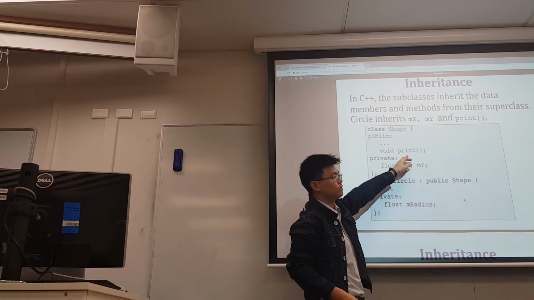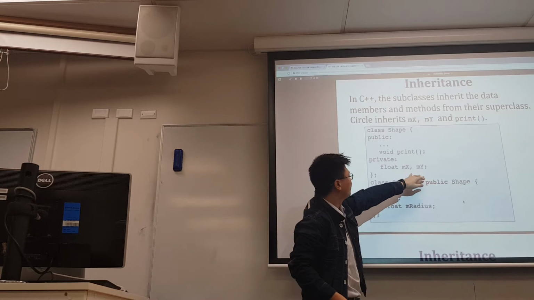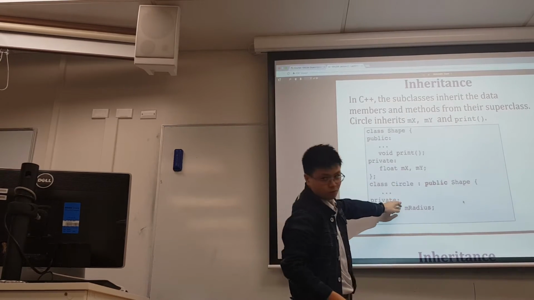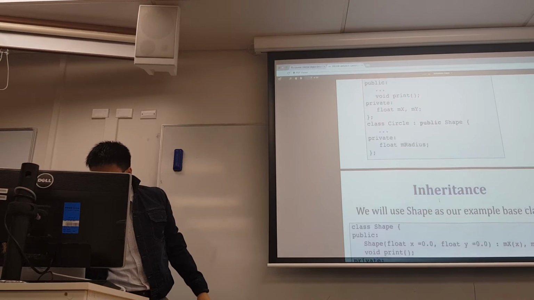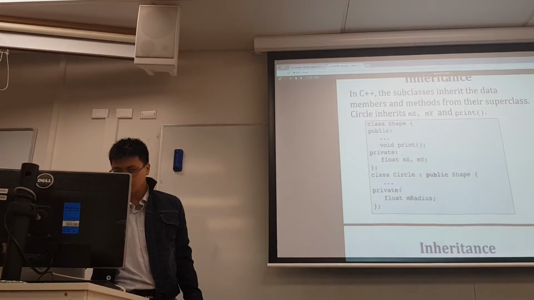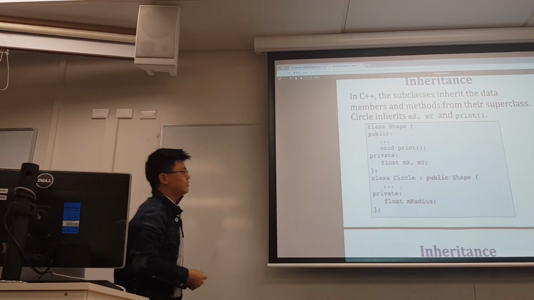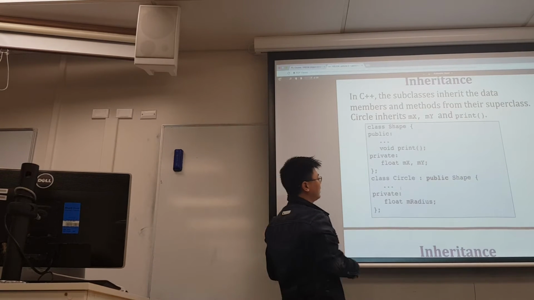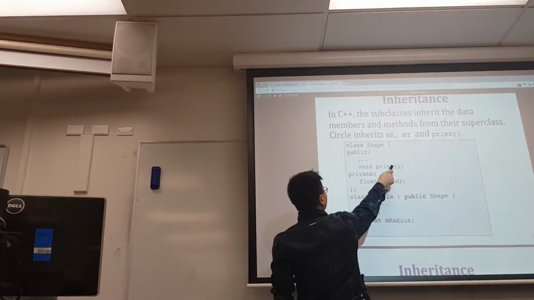It will inherit print automatically. Now, these variables are declared private in the shape, so you can't access them from the circle, but we'll come to it later. So in addition to these inherited variables, circle also declares a radius. So if we have to construct a circle object in memory, we will have to include the center, the radius, and the function.